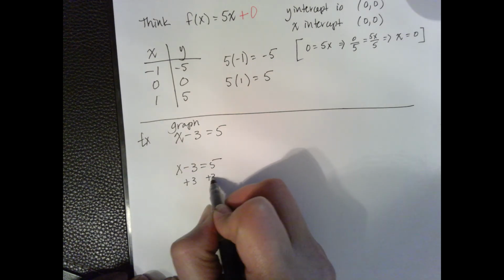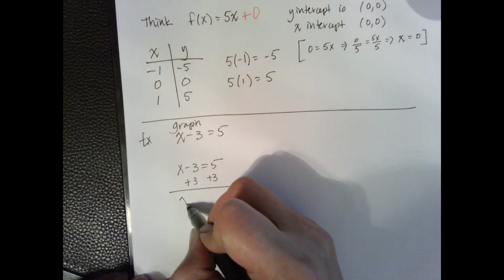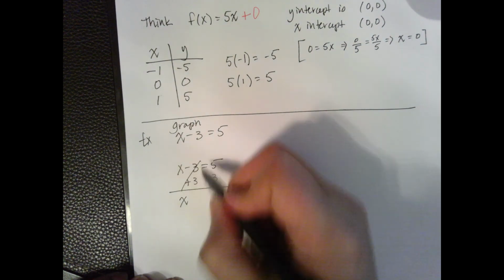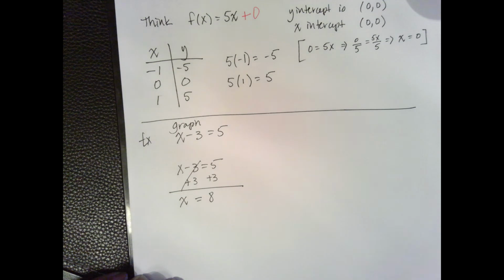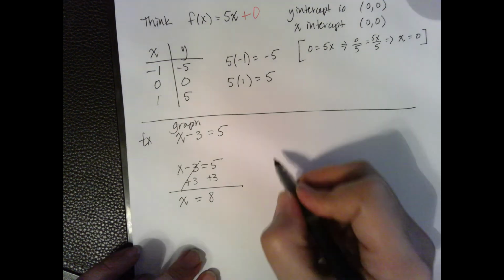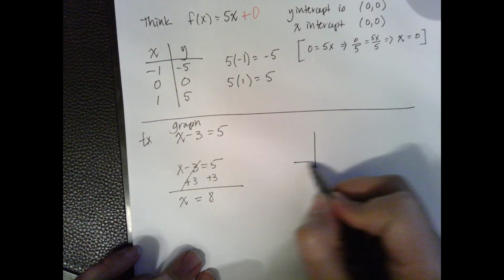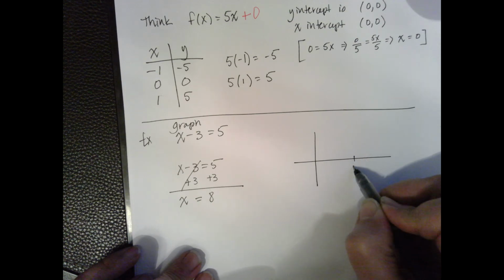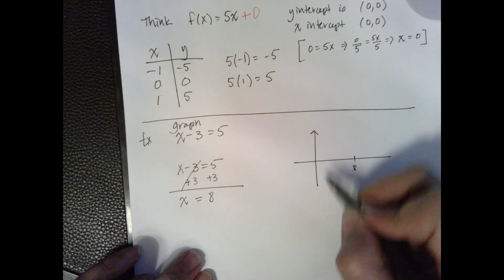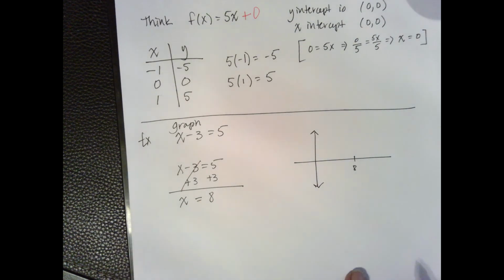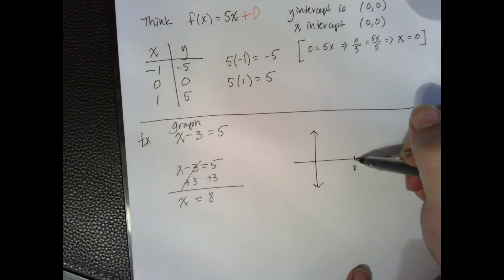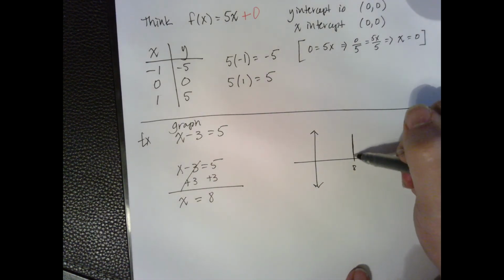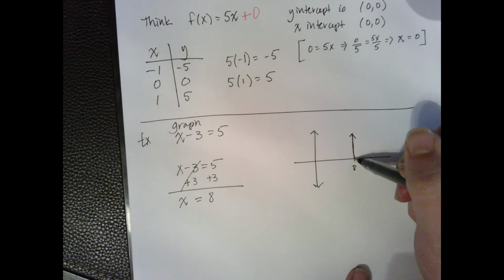I need to add 3 to both sides. That gives me x is equal to 8. And remember, for x equals the number, let's say this is 8, we have a vertical line at that number. Okay.